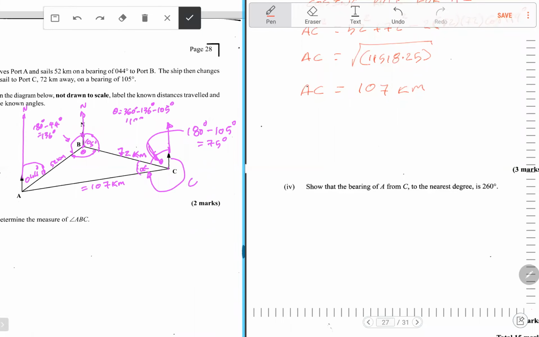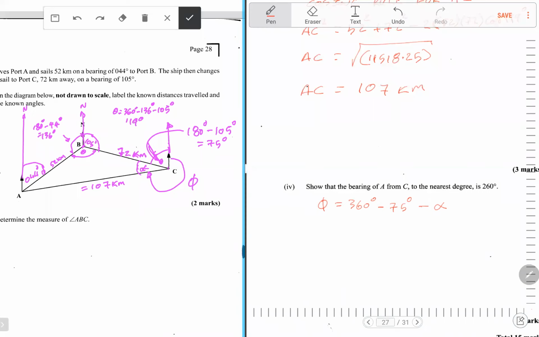Now we're trying to find this angle, let's call it phi. The bearing angle phi that we want to show is 260 will be 360 degrees minus the 75 at the top minus the alpha inside the triangle. So our aim is to find the alpha. To find the alpha, we need to use this, which was 119 up here.